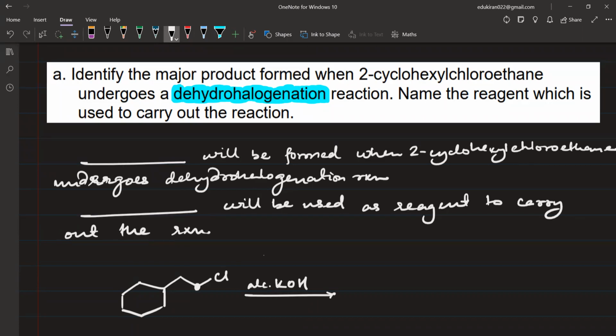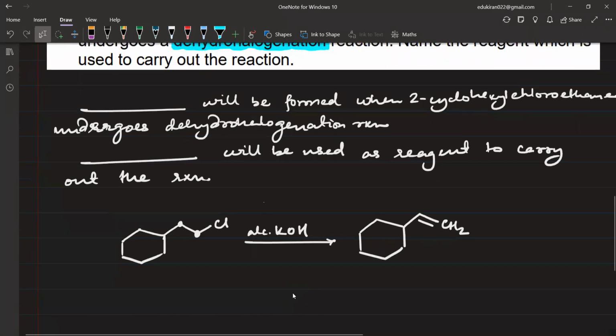From this carbon atom, halogen will be removed, and from the next carbon atom, the alpha carbon, hydrogen will be removed, and you will get CH2. What will be the name of this product? This will be named as 1-cyclohexyl ethene.